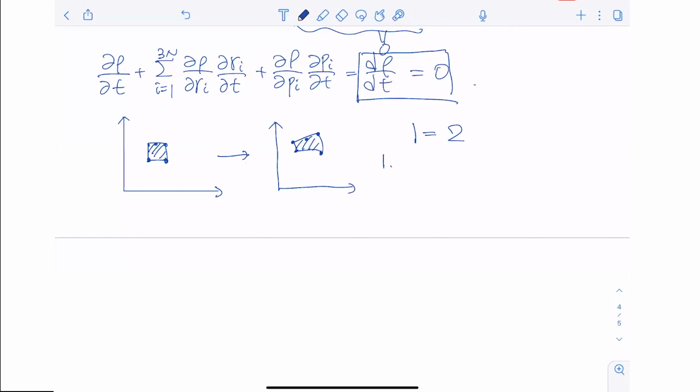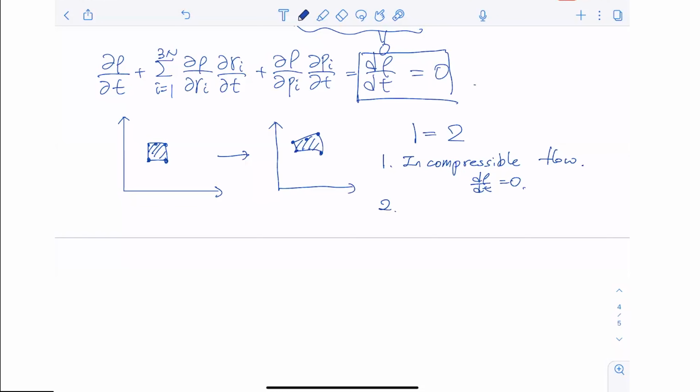So sometimes people say this kind of evolution governed by canonical evolution forms an incompressible flow. It is just terminology, but it just means dρ/dt equals 0. If you read the literature, you see things like that.